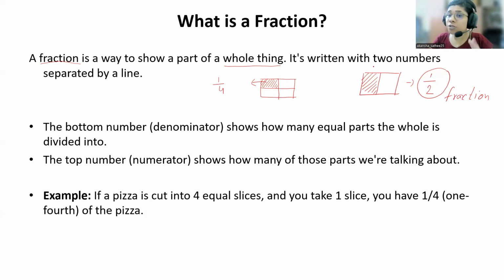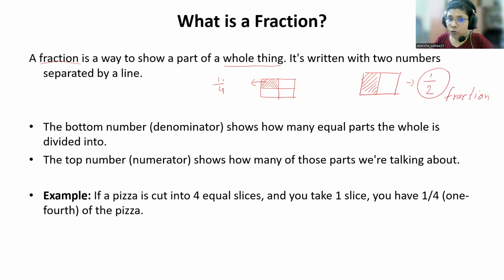You can see that a fraction is always written with two numbers separated by a line. So 1 by 4, we read it as 1 by 4 or 1 upon 4. Different people use different terminology. Now, since I have given you an idea of a fraction, 1 by 4 is a fraction.